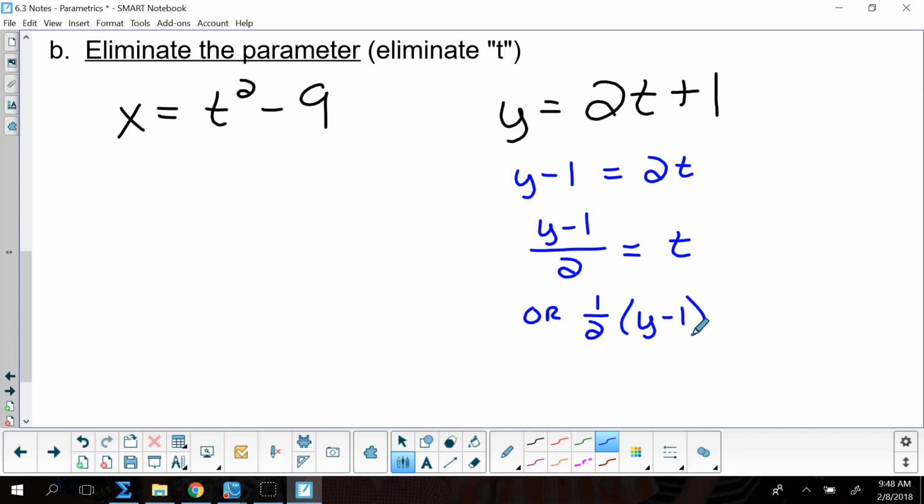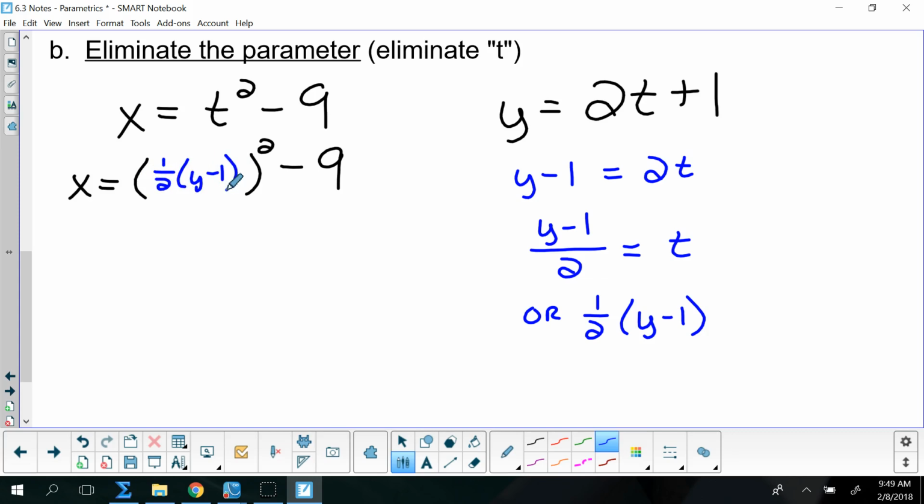Okay? So then I go over to my other equation and I say, okay, so x equals my t value squared minus 9, and my t value was 1/2 times y minus 1.